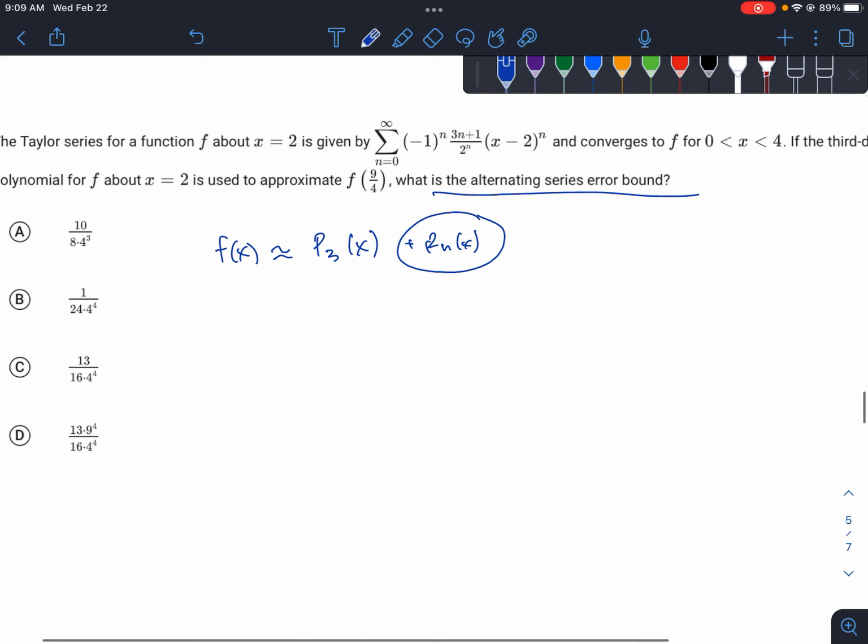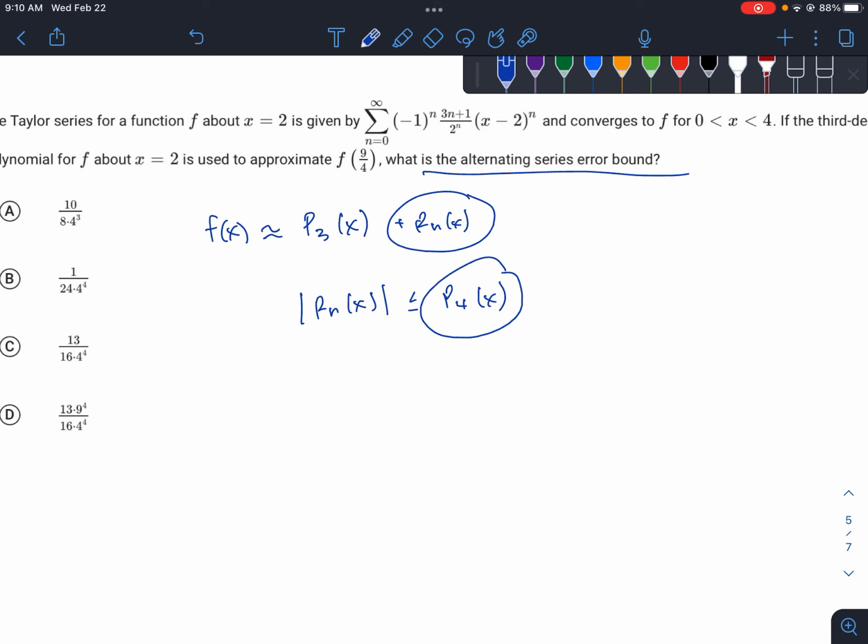So my error, the absolute value of r sub n of x, has to be less than or equal to the fourth term of the polynomial, so less than or equal to p sub 4 of x. And that's really all you need to do. That's what the alternating series error bound says: the remainder cannot be greater than the next term.